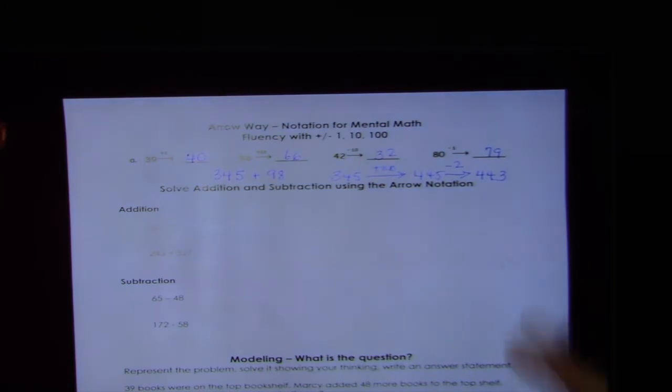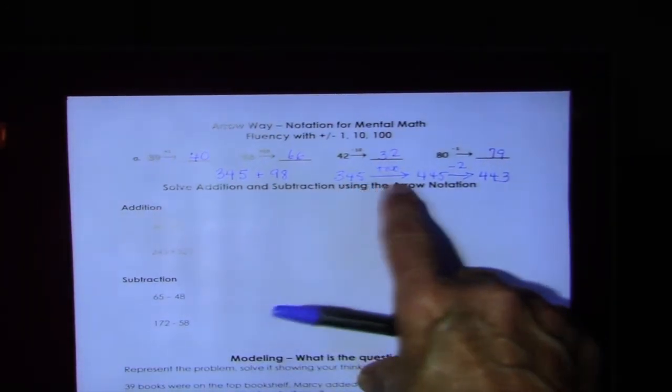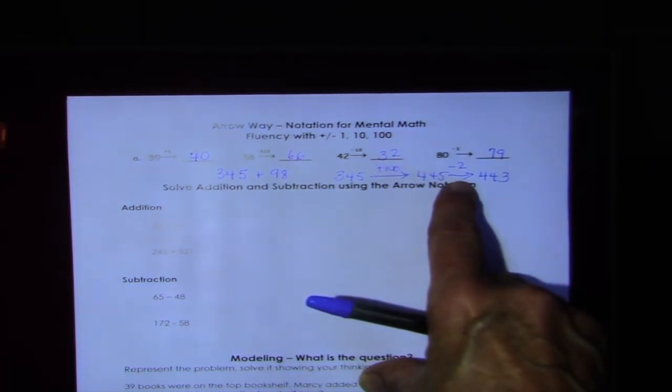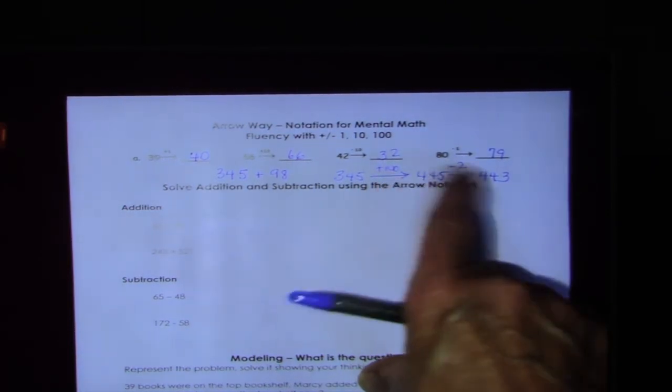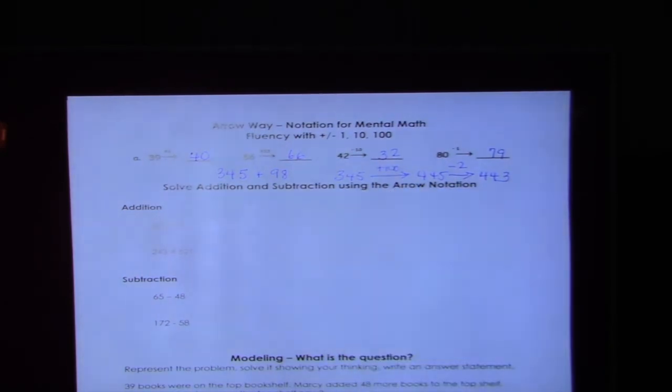I call it stream of consciousness. It's actually what I'm saying in my head that I do. But if we were just to put equal signs in there, it would be wrong. So this is just a way of writing things down. It's the same strategies that we were using before, but it's a different way of writing them.